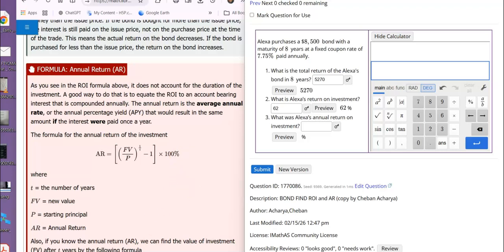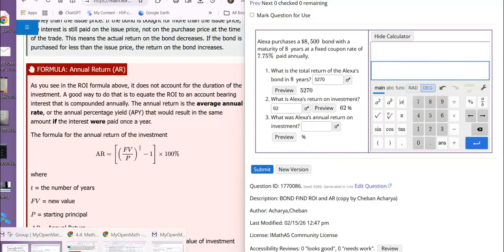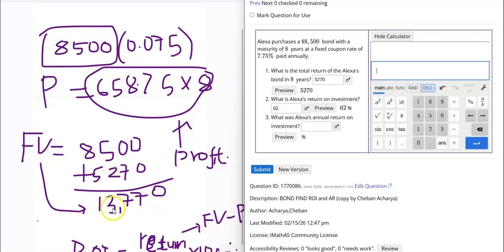So let's put it into the formula: future value divided by P. What's the future value? The future value is going to be 13,770.